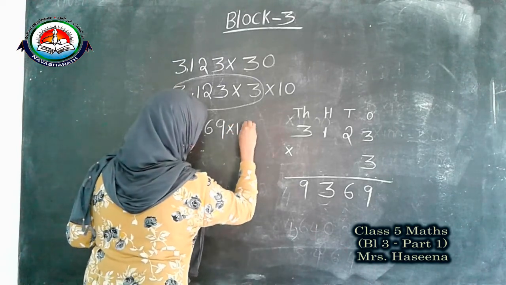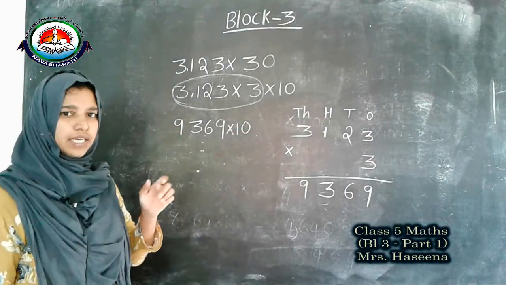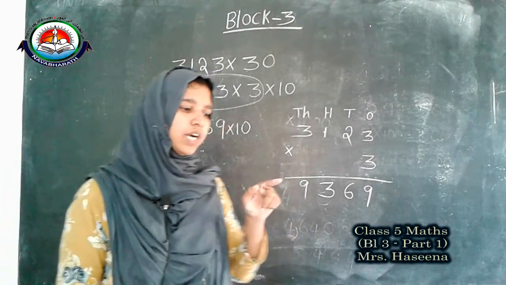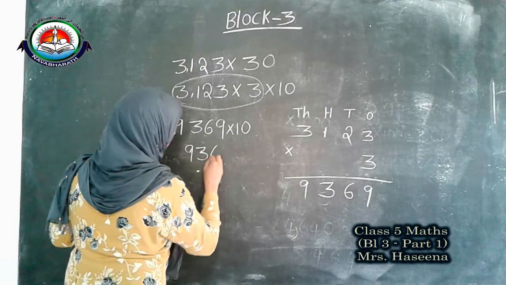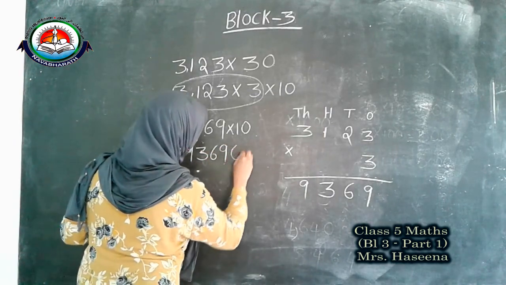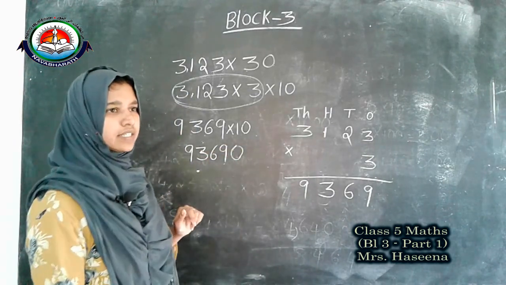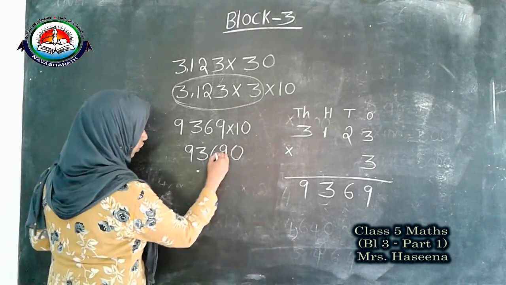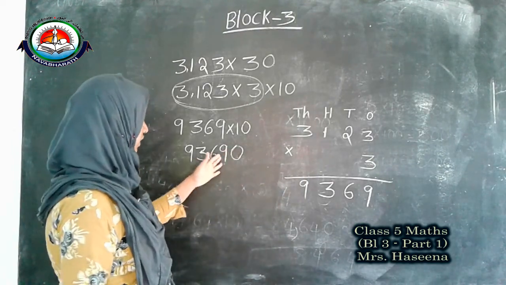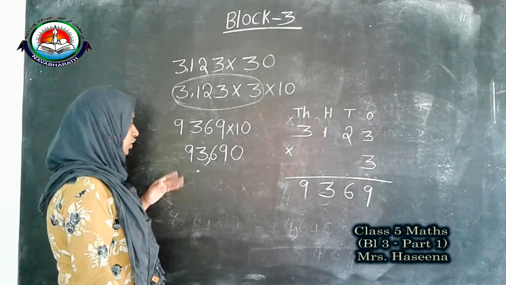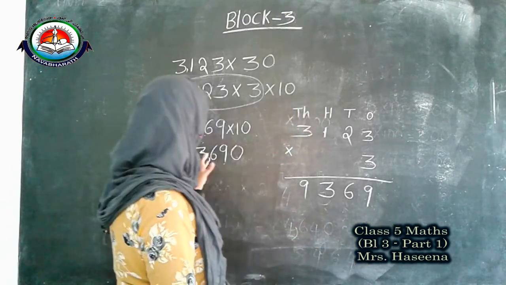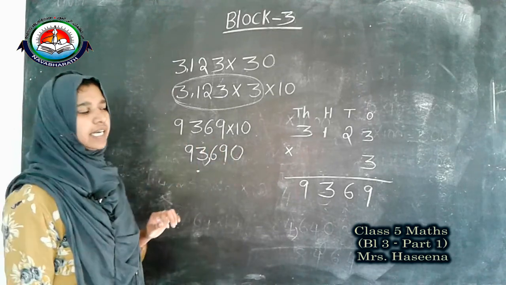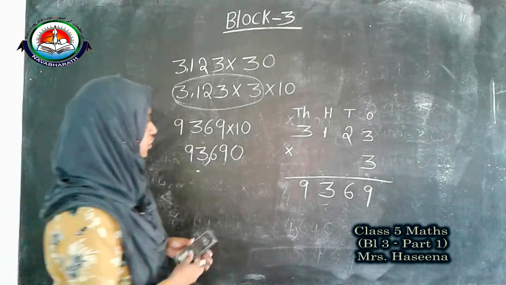That means how many zeros do we want to add? We want to add 1 zero. So 9369 with 1 zero. Then put a comma after 3 digits. So our answer is 93,690. Another question.